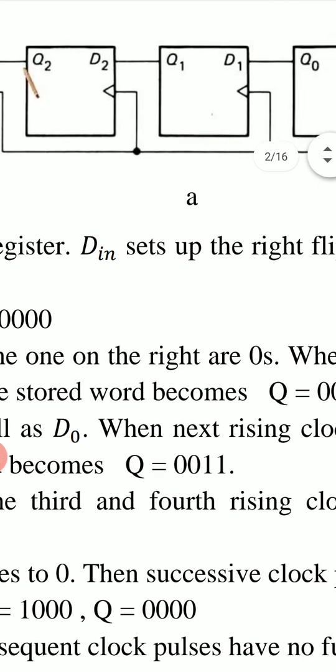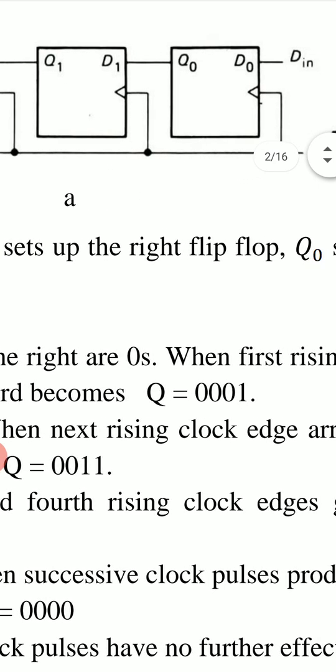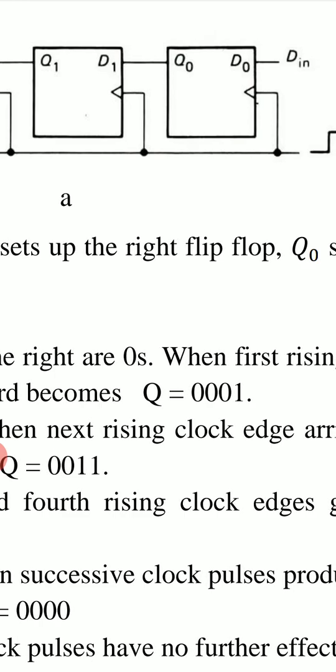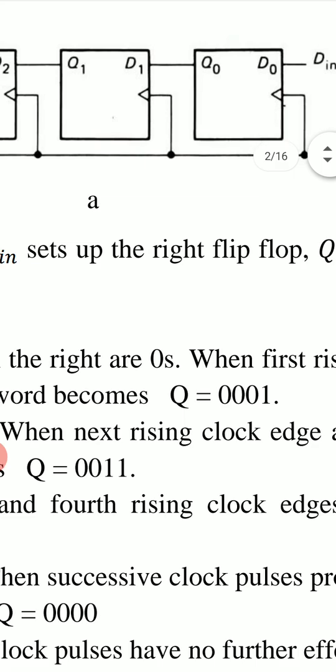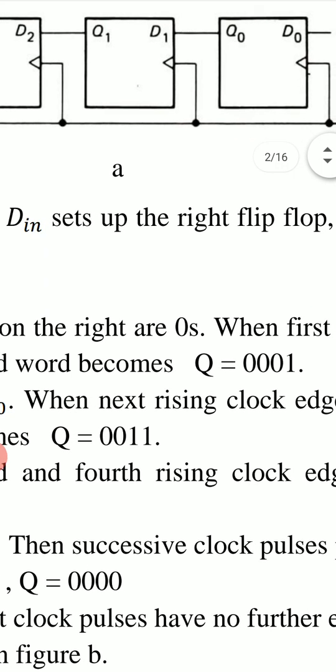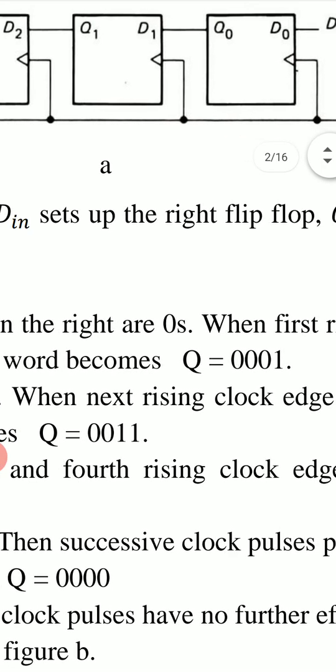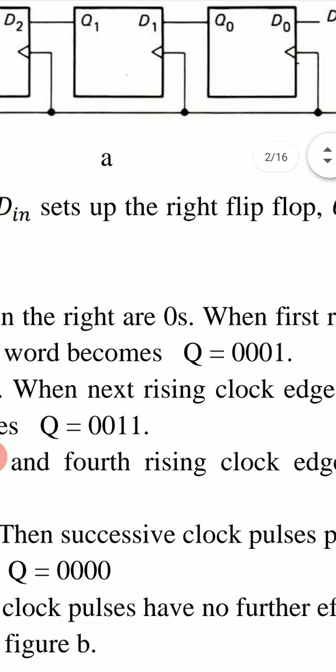Now when Q0 is 1, this Q0 goes to D1, the input of the next D flip-flop. So D1 is now 1, and Q1 will become equal to 1 when the next positive clock edge arrives.